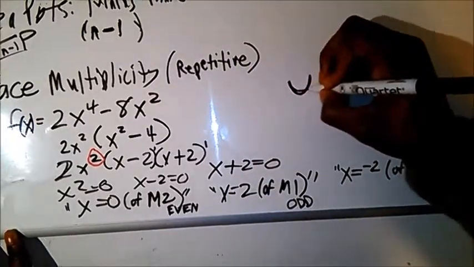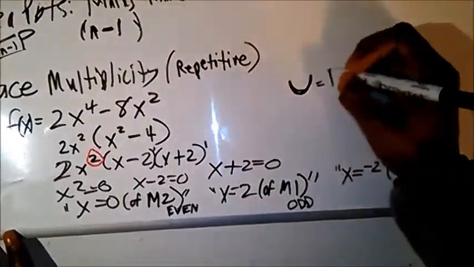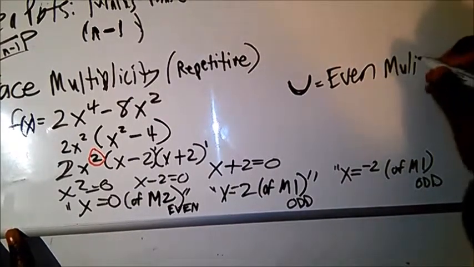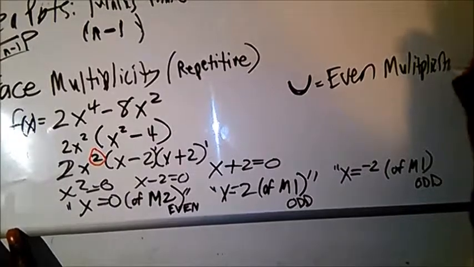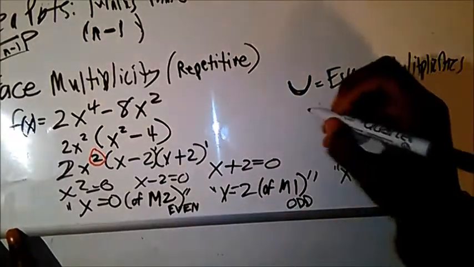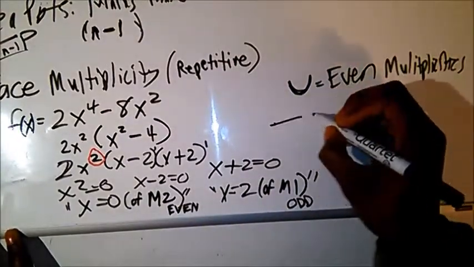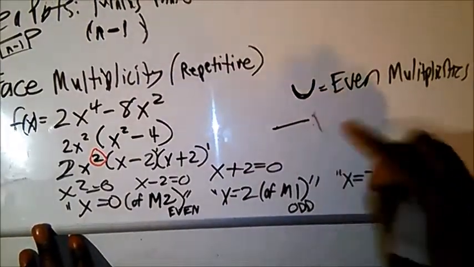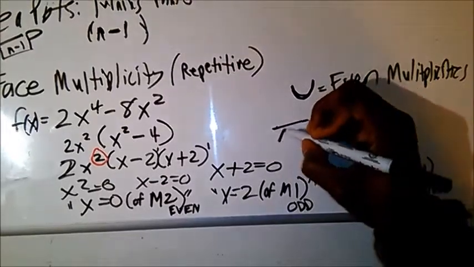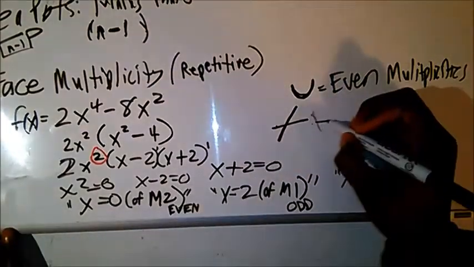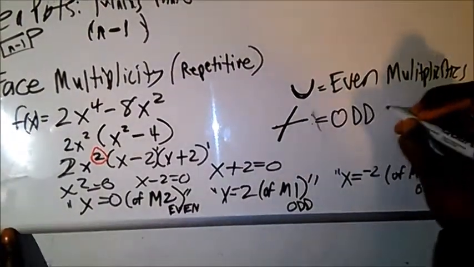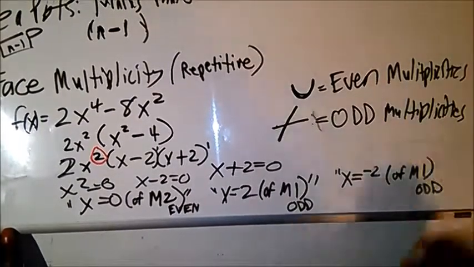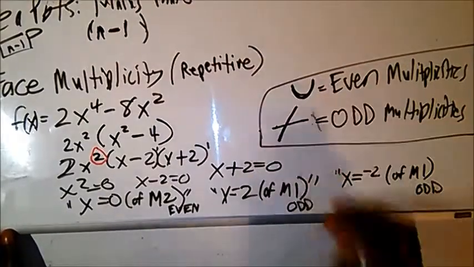They're very happy. When the multiplicity is odd, I always like to think of odd multiplicities as strange. They like to cross over. These are odd multiplicities. That's how I label my multiplicities.